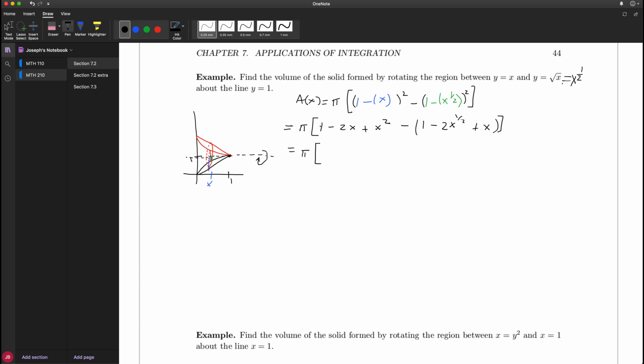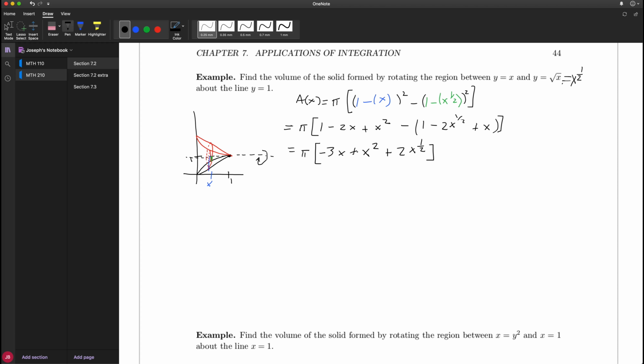We get minus 2x minus 1x is minus 3x. We get an x squared, which has nothing else involving x squared, so that's just plus x squared. And now we get a double negative with a 2x to the 1/2.